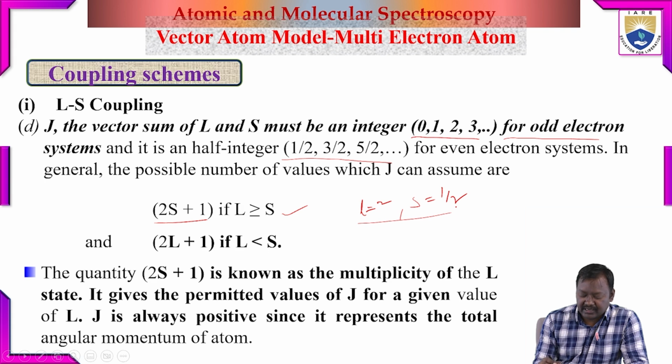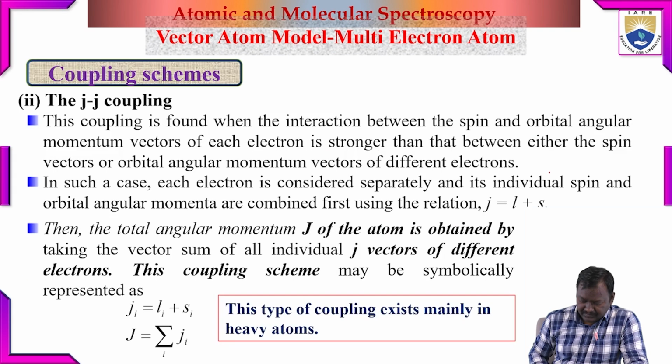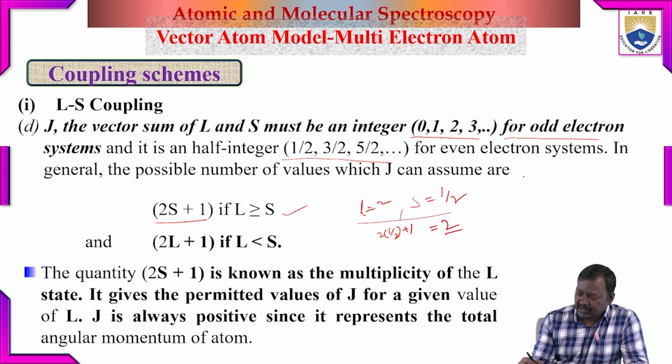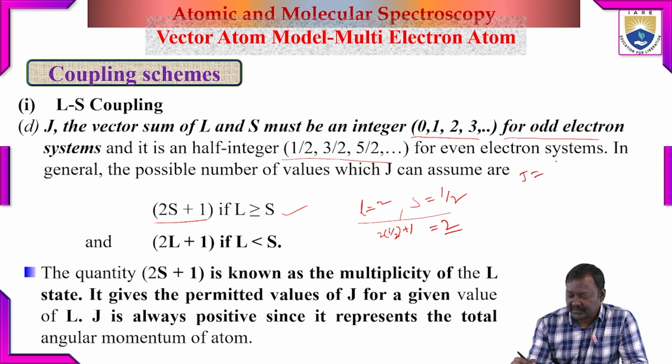So 2S plus 1 means 2 into 1 by 2 plus 1, that means there could be two values for J. J values could be taken from magnitude of L plus S to L minus S, so here L plus S means 2 plus 1 by 2, and the total values in terms of integers could go up in steps of unit 1, so 2 minus 1 by 2.